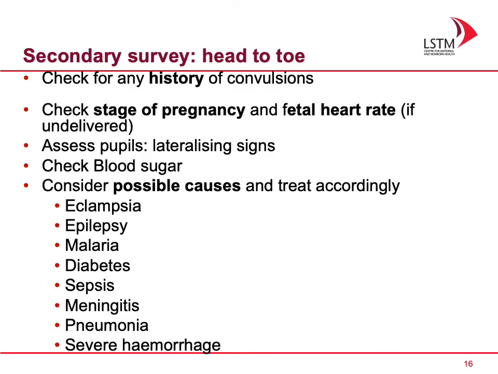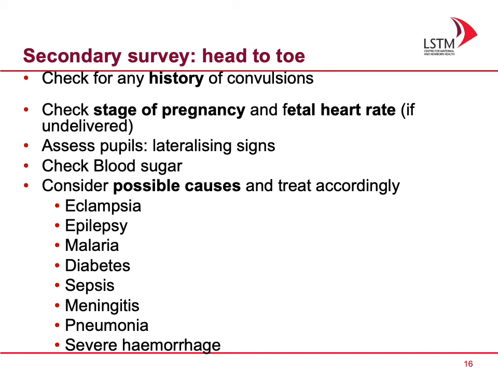Having done the primary survey of airway, breathing and circulation and assessment of conscious level, we then need to move on to a secondary survey and do a head-to-toe examination. We need to check for all possible causes of a lack of consciousness. It may well be that this is a patient in shock, but there are other causes in addition.